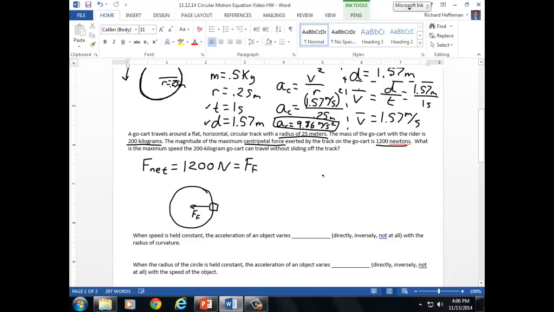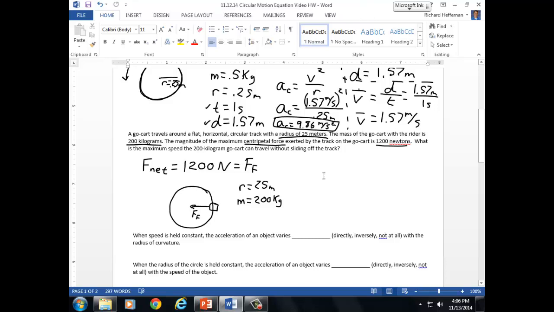Alright, let's see what else we know so far. We know the radius is 25 meters. We know the mass is 200 kilograms. And we know the net force; we already listed that up there, so I'm not going to list it again.